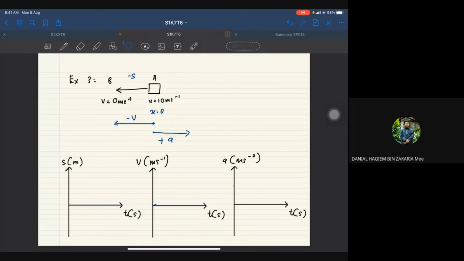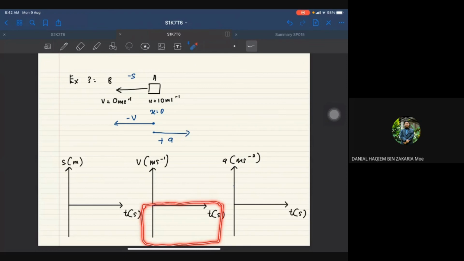Okay, kalau kita nak start dengan V, graf dia bentuk macam mana? Okay, mula kita tengok dia punya direction dulu. Positif ke negatif? Negatif. So because of this one, you have a negative direction to the left. So your graph, you will expect in this region only.